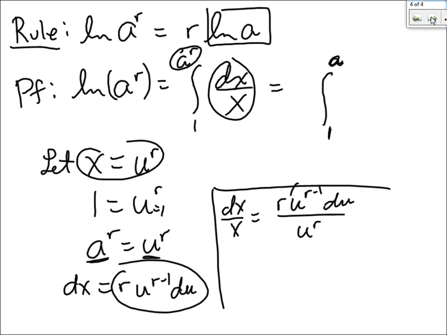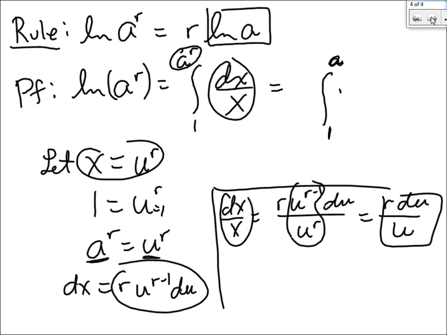Okay, the only thing we can really simplify is that. The r stays on the top, the du stays on the top, and u to the r minus 1 divided by u to the r leaves the u in the bottom. Okay, so dx over x is this. Ooh, look at that. It's r du over u.